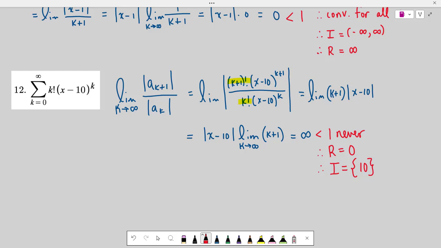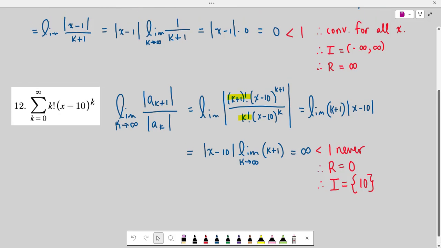When you plug in x equals 10, everything disappears except for the 0th term. When k is 0, x minus 10 to the 0 is 1, so it all reduces down to just one constant value. So this is the other extreme. These are the two extremes: all reals or just the center.